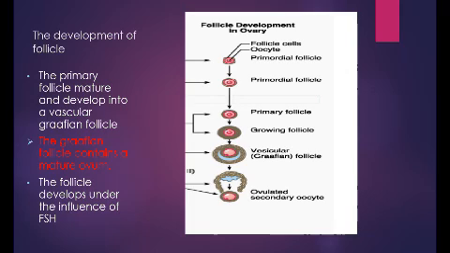We need to know that the primary follicle develops into a vascular Graafian follicle under the influence of FSH, which is the follicle stimulating hormone. So the FSH needs to be produced for the follicle to be developed.